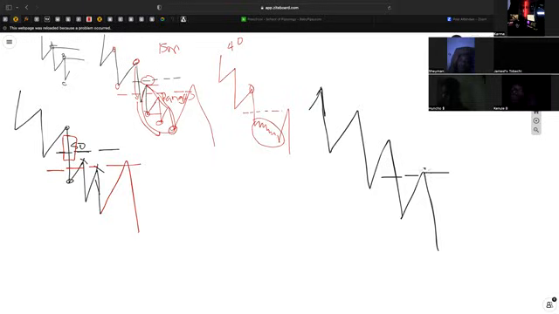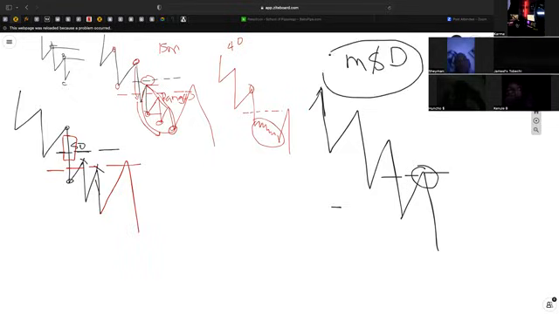It is still possible for this guy to still be incomplete, even though it pulled back to 50%. So how are you going to find this out? That is where the rule of momentum and distance comes in. I'll be using this rule a lot.